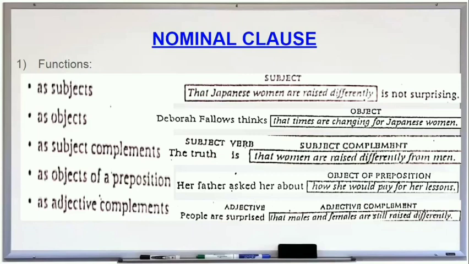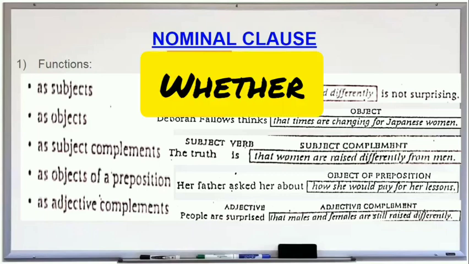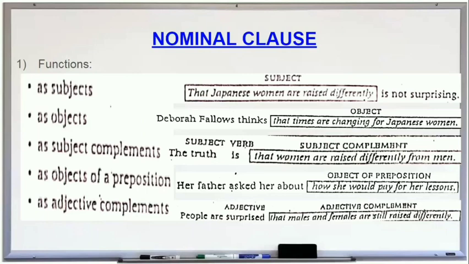Then we are going to see some examples. The same occurs with yes, no questions. We are going to use if or whether instead of using do, does, or whatever.